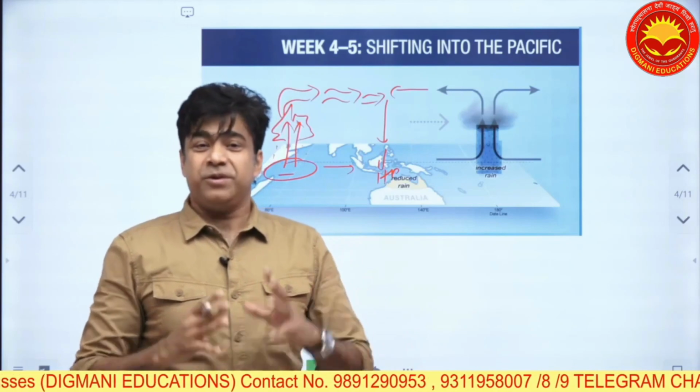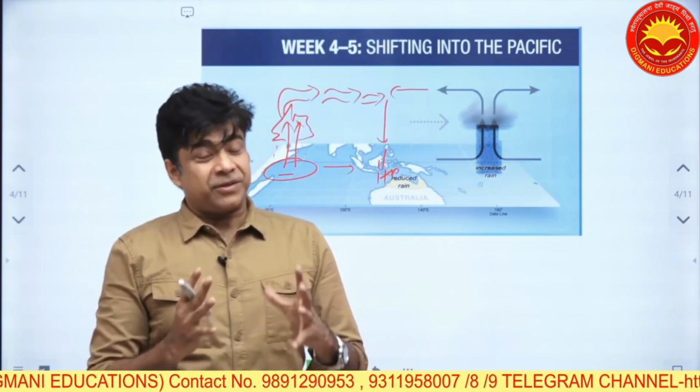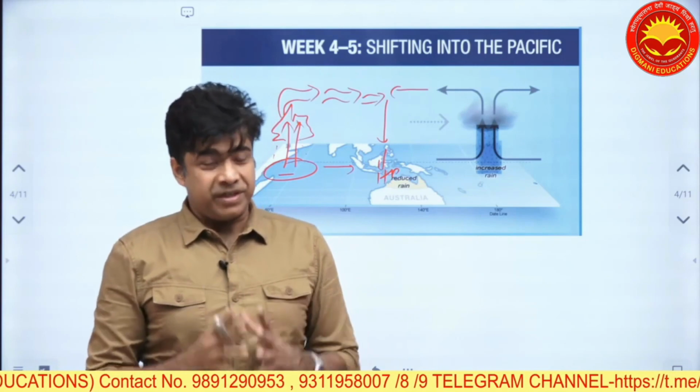So this is your Madden-Julian circulation or oscillation.